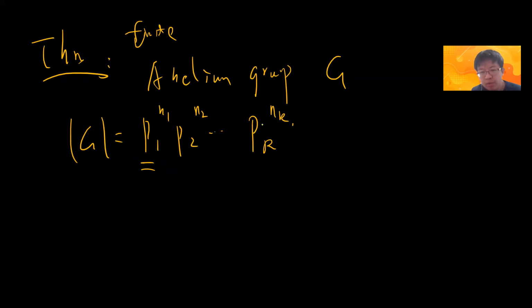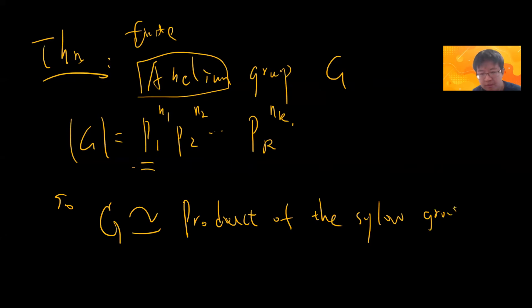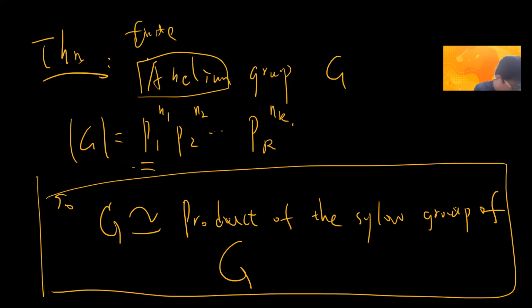Up to a pk^nk subgroup, and they all intersect in the identity because they are co-prime to each other, and their product will be G, and they are all normal because they are abelian. So from the previous theorem, I know that G is isomorphic to the product of the Euler groups of G. Okay, this is the first result for finite abelian groups.